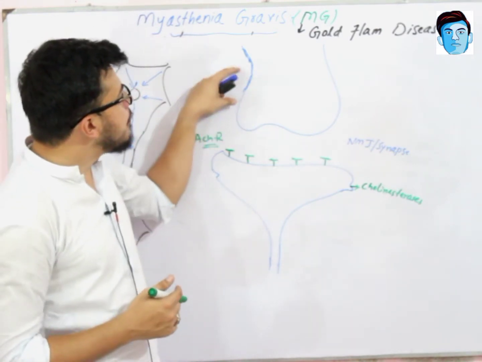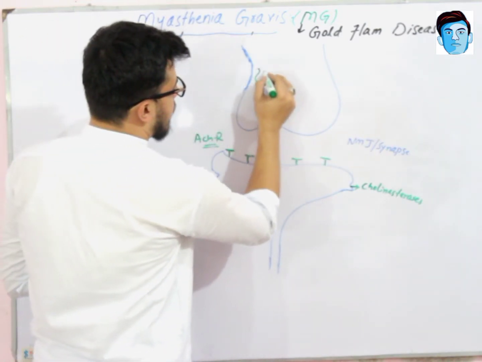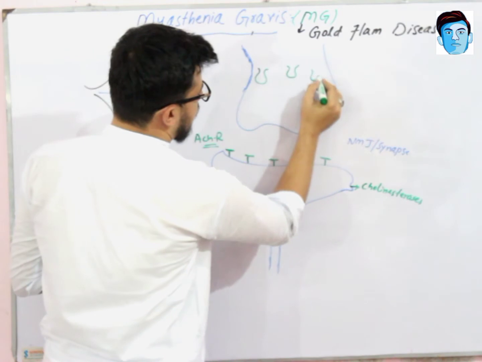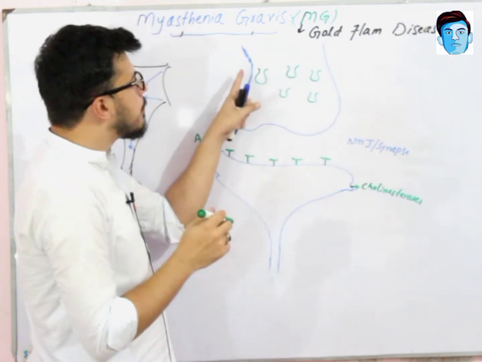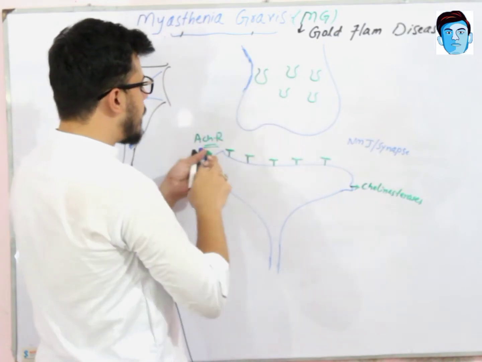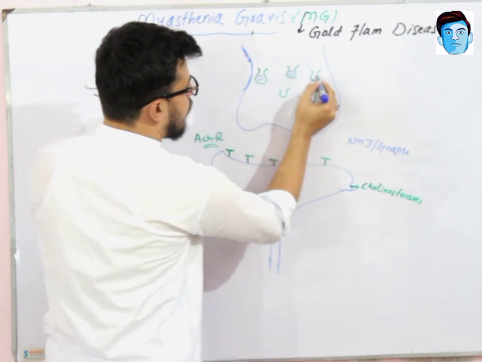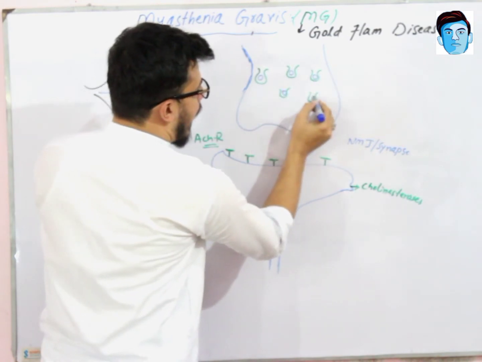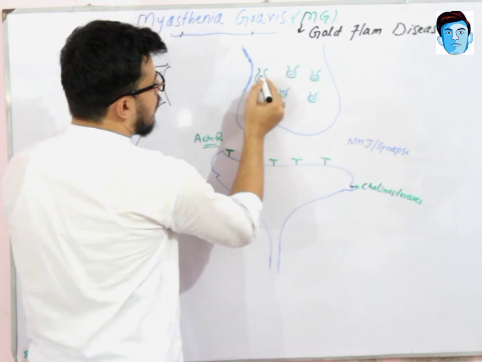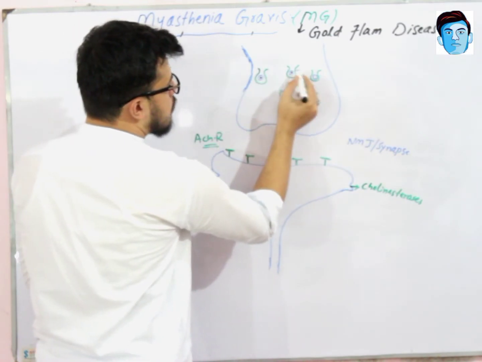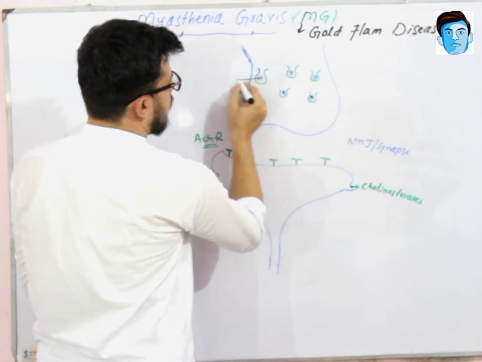Now in the presynaptic neuron there are a lot of synaptic knobs distributed throughout. Inside the synaptic knob there are synaptic vesicles, and the vesicles contain neurotransmitters in the form of acetylcholine.